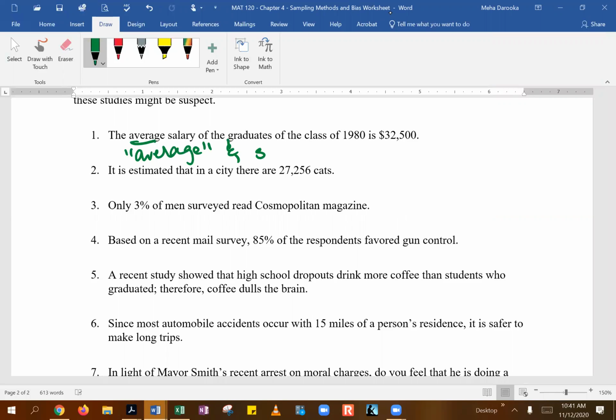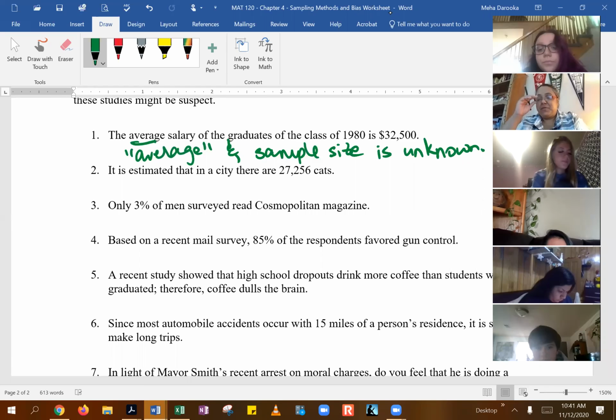And what is the sample size? This example always reminds me of the basketball player Michael Jordan. He is from North Carolina.